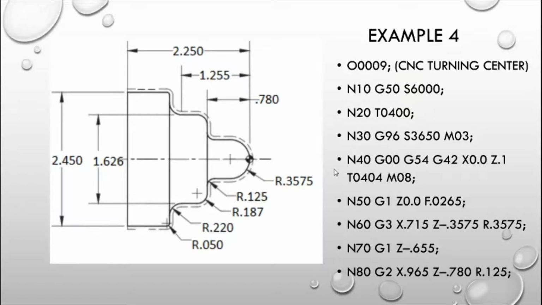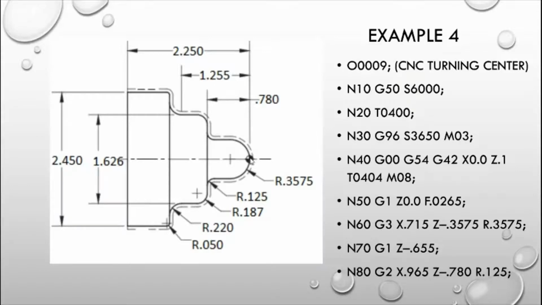N50 is the block number. G01 is linear interpolation, and the Z position is 0.0. Z position 0 means it cuts the material on this side very easily. F.0265 is the feed rate.